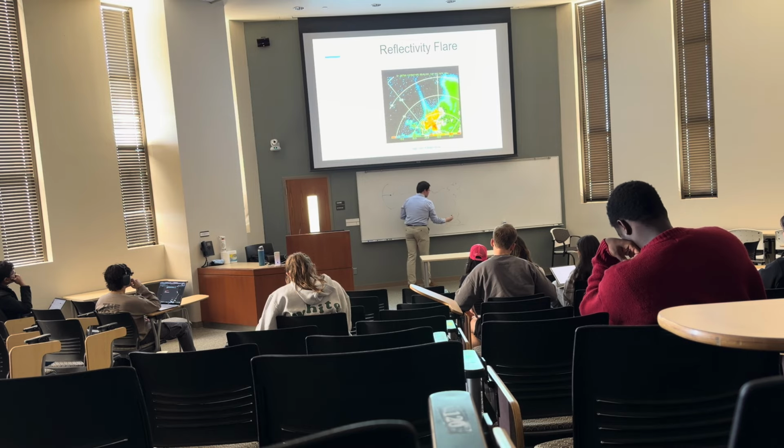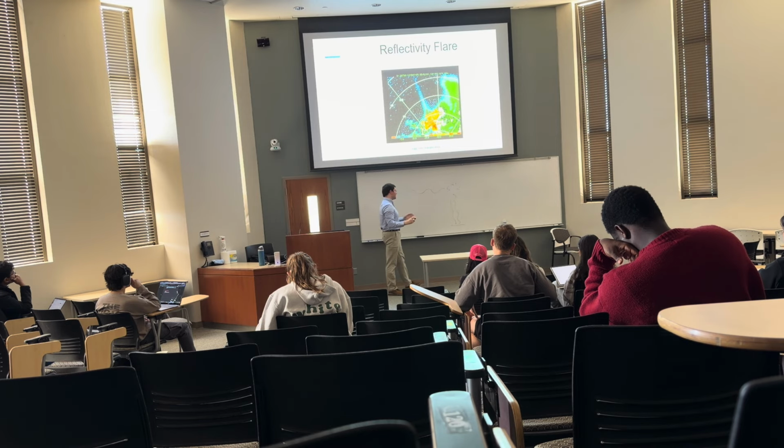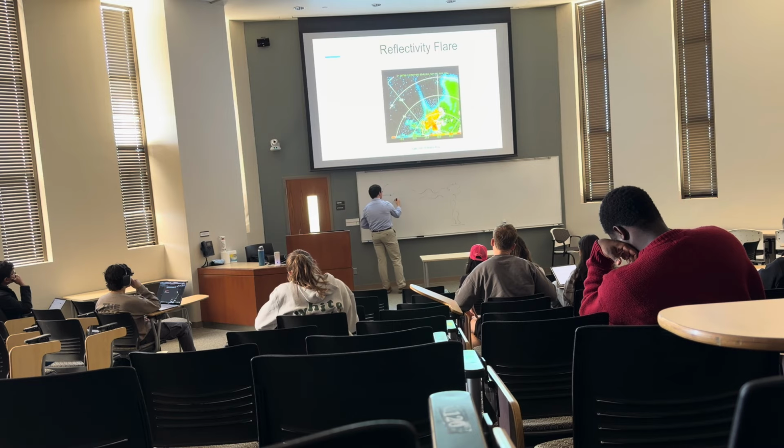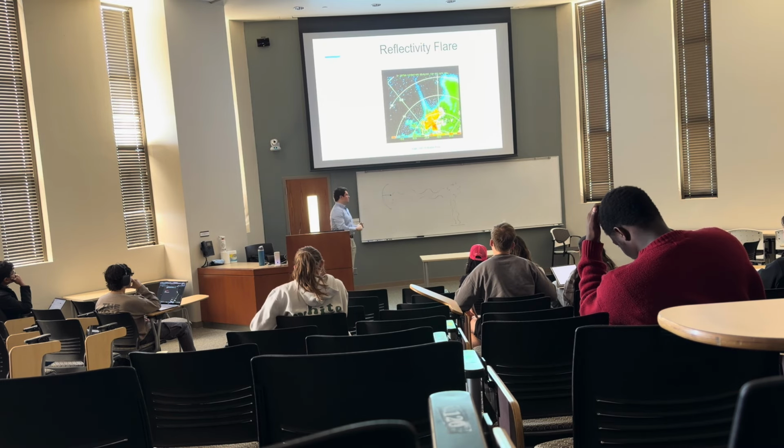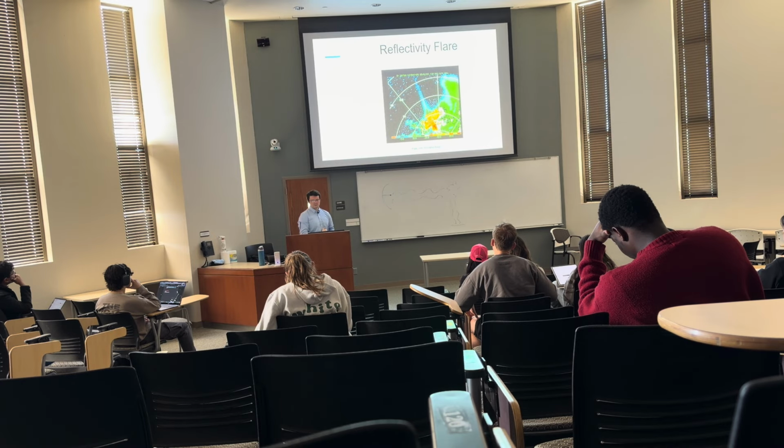Then from there, the ground can re-emit it back up to where it hits the hailstone again, and then it can re-emit it all the way back to the radar. And this fancy process of from radar to hailstone to ground to hailstone to radar is termed a reflectivity flare or a three-body scatter spike because it hits three different things.